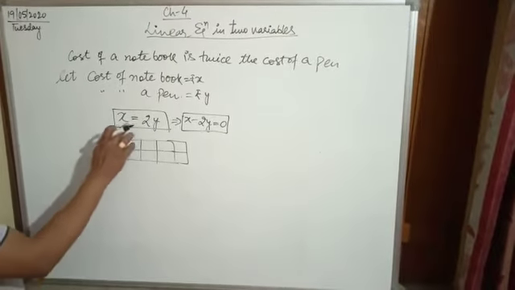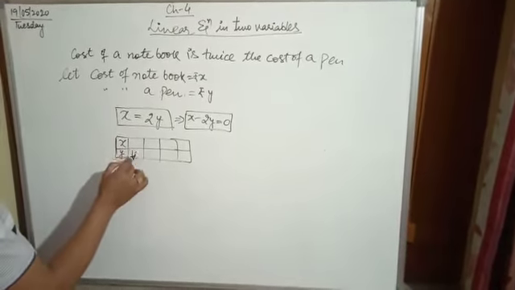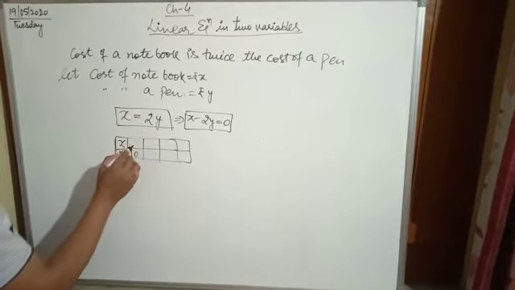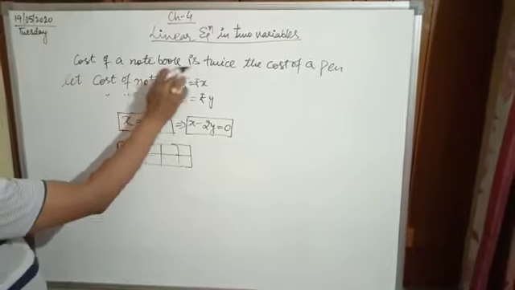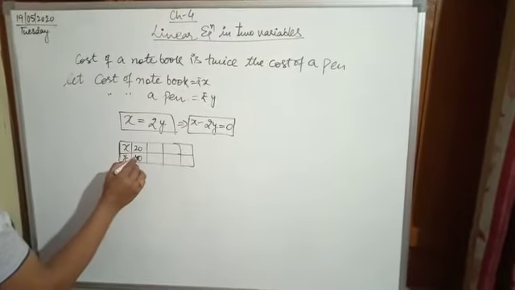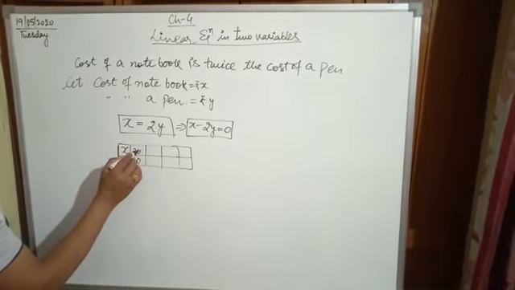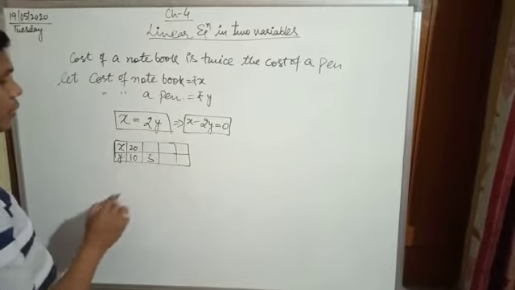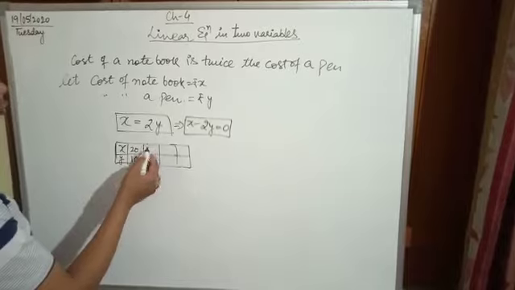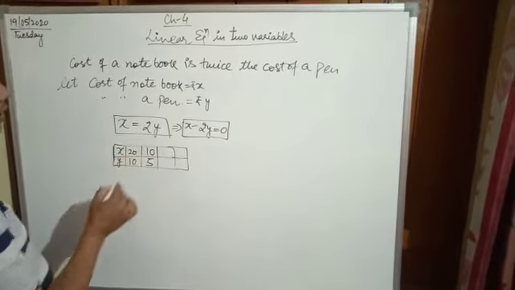If x is equal to 2y, and I take y is equal to 10, then x will be 20. This follows the statement: the cost of a notebook is twice the cost of a pen. If the cost of a pen is 10, then the cost of a notebook is 20. If I take the cost of a pen equal to rupees 5, then the cost of a notebook is 5 twos are 10.